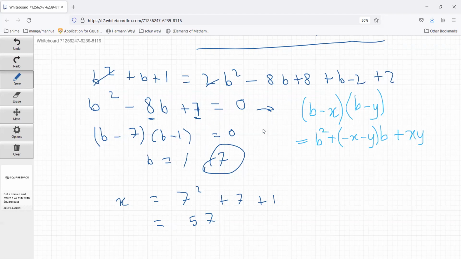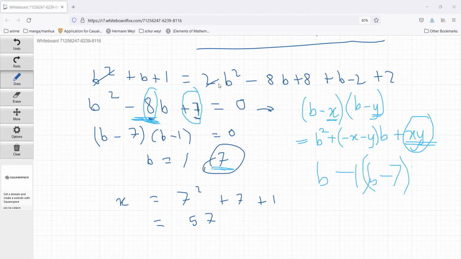From that, you can see that the coefficient of b, this 8, should be equal to x plus y, and the constant term, this 7, should be the product of x and y. So the two numbers with a product of 7 and a sum of -8 are -1 and -7, and we just put a b in front, and those are our factors. So that's the general method.